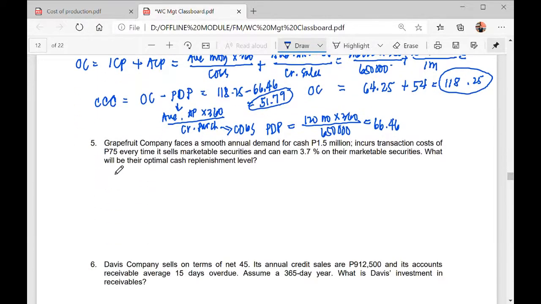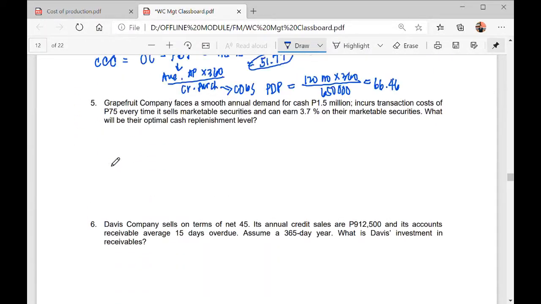Okay, so next is question number 16. The question is the optimal cash transaction size. Optimal cash replenishment level is the same as the OTS. So again, the formula for OTS is the square root of 2 times conversion cost times annual demand over opportunity cost.